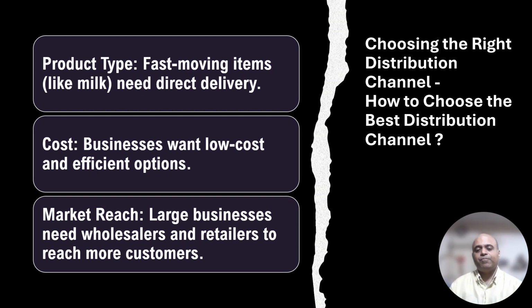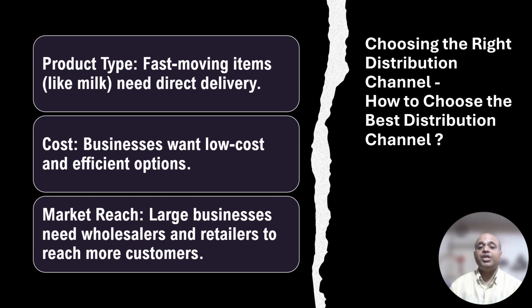Factors to consider. First one, product type. Fast moving items like milk need direct delivery because it has a very short shelf life. Second, cost. Businesses want low cost and efficient options so that they can maximize their profits. Third, market reach.